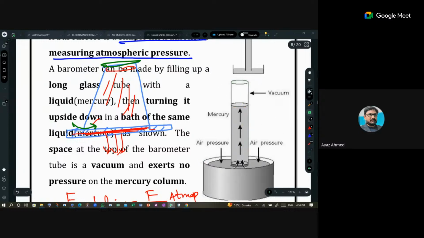This is the test tube. It is inverted in a mercury dish. The atmosphere is pressing down on the mercury, trying to push it into the tube. So both of them are balanced, or you can say both of them are in equilibrium.